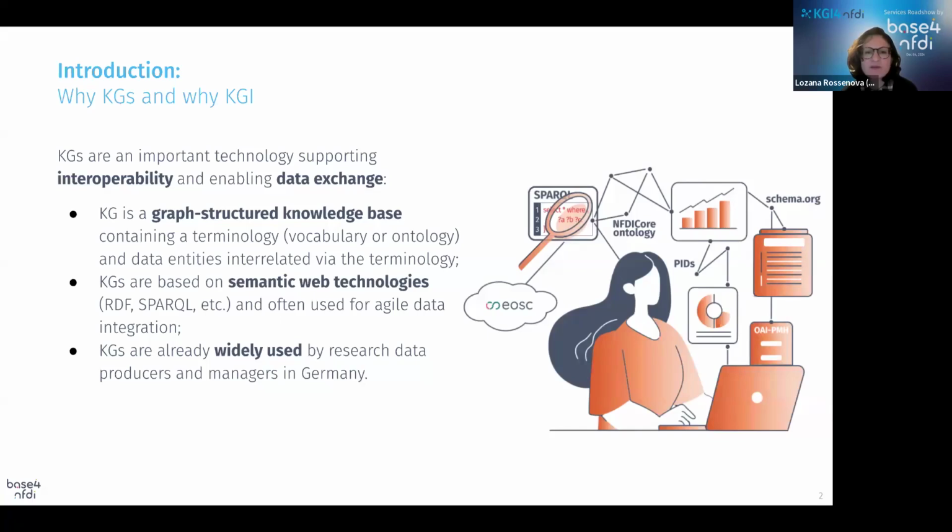Knowledge graphs are usually based on semantic web technologies, and they are often used for agile data integration. Knowledge graphs are already widely used by research data producers and managers in Germany, which is why we think it's very important to provide an infrastructure for knowledge graphs.